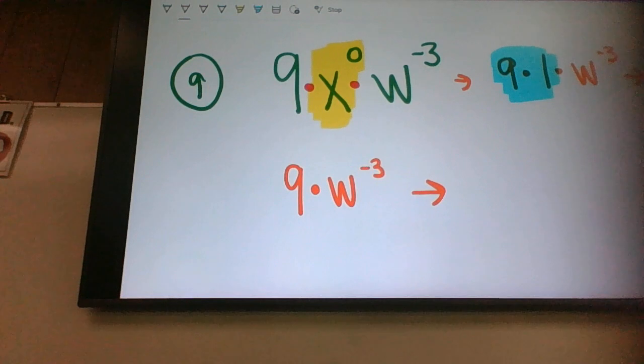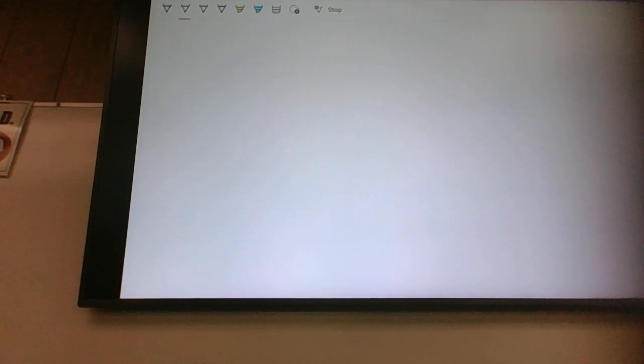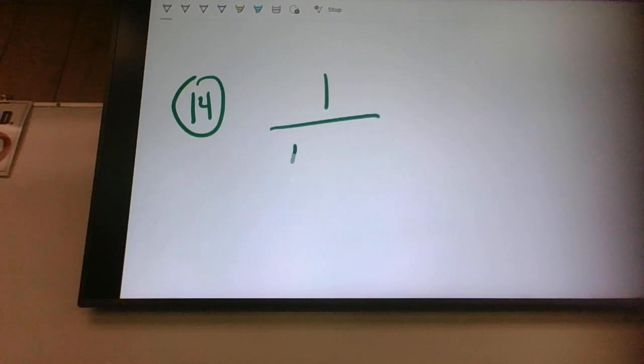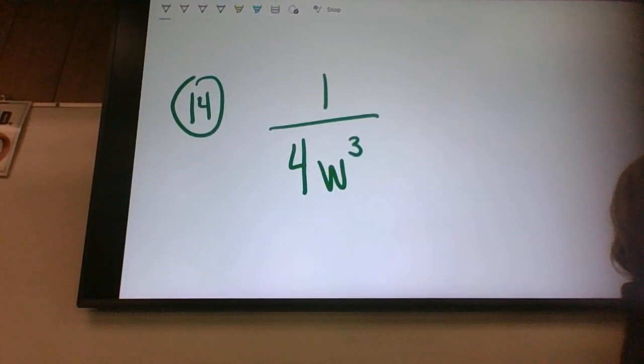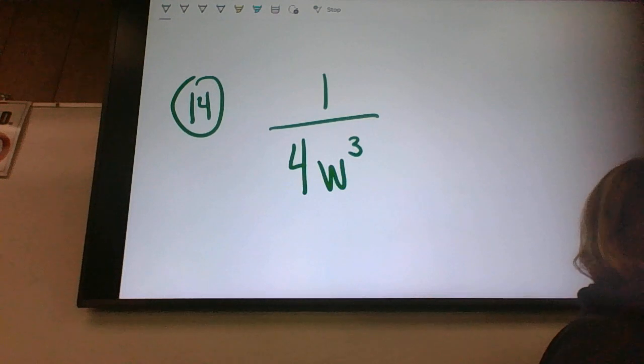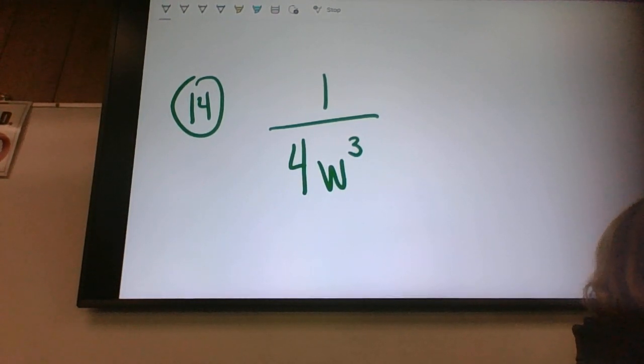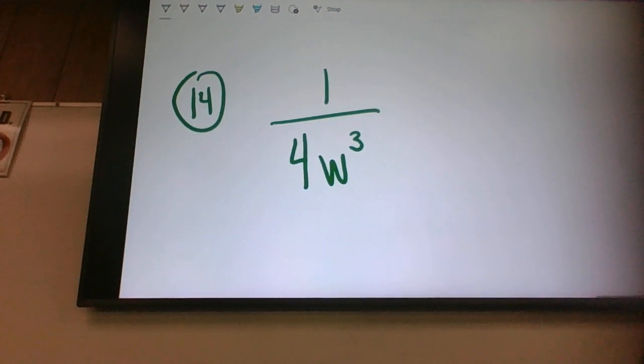Let me write this on the screen. 14 is 1 over 4 W to the third. It seems as though she believes she has a match. You hold 14 and I'll hold this one. And this was 1 over 4W third. So very good. Okay, you got a free assignment pass.